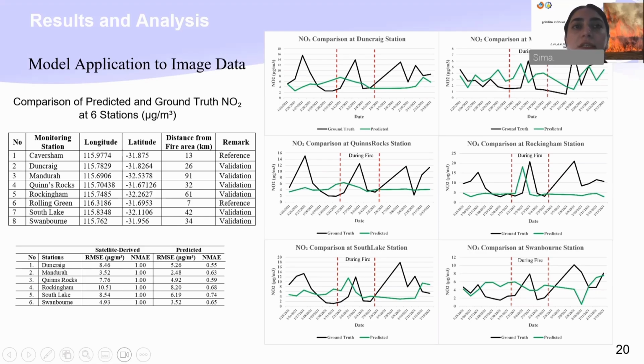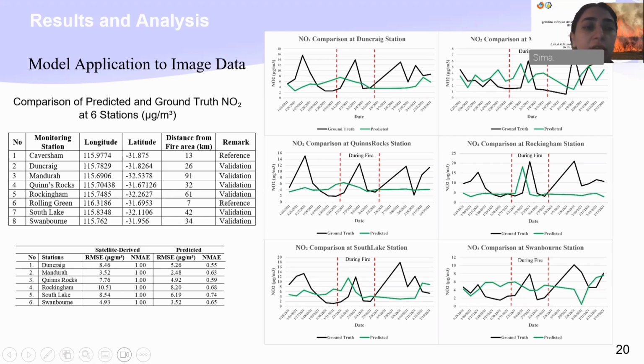Additionally, the statistical measurements for each station are presented in a table. The comparison results indicate varying degrees of accuracy across different stations, reflecting both the performance of the model and the inherent variability in the satellite data. This variability reveals different behaviors at each station, which influences the accuracy and effectiveness of the model.